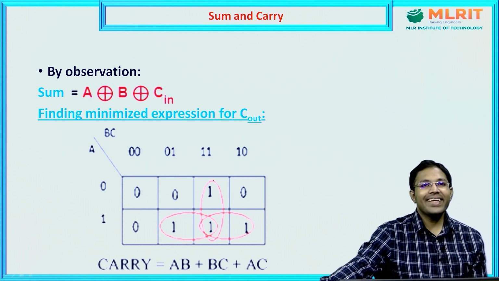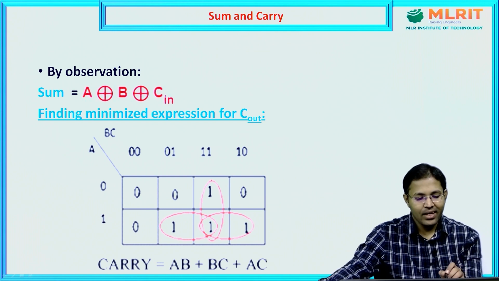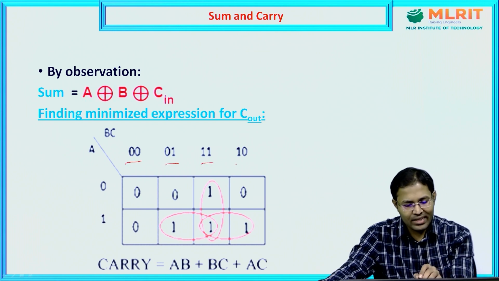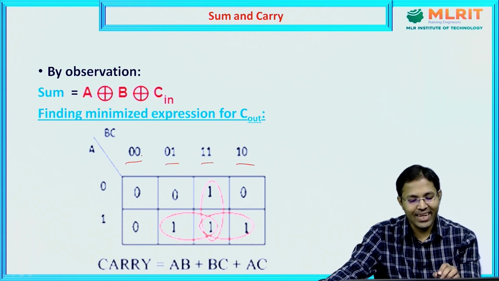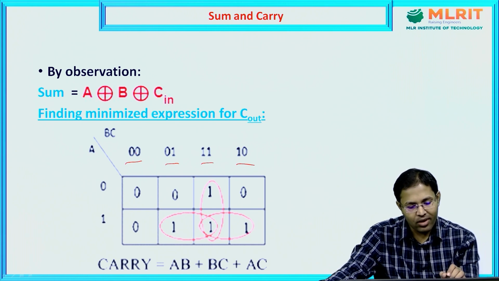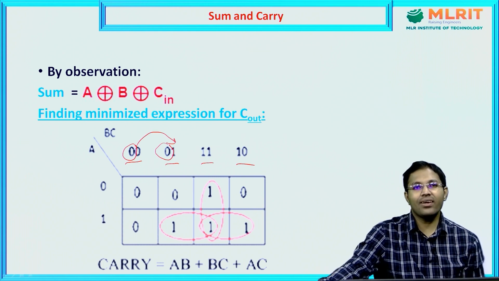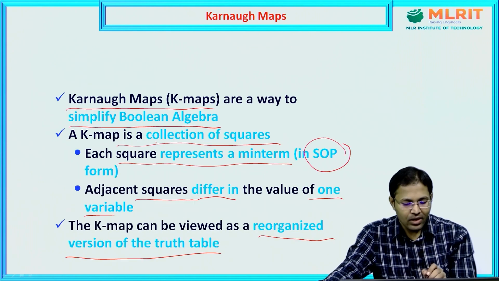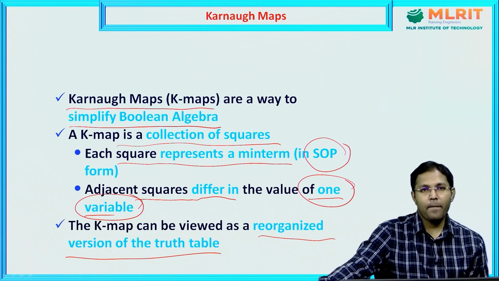Now here, what are all the points? Let us look at this 0 0, then 0 1. The first 0 is remaining the same, but the second digit is not the same. Only one bit changes, so they differ by one variable.